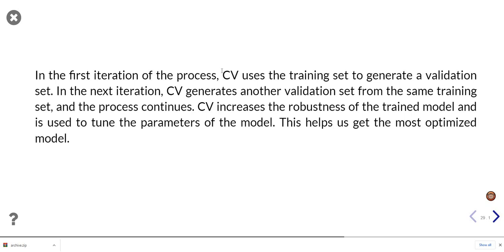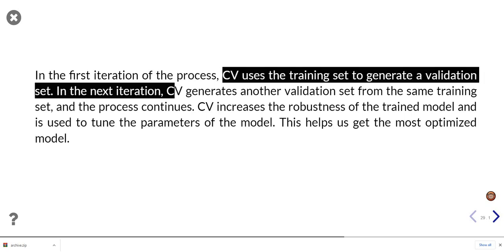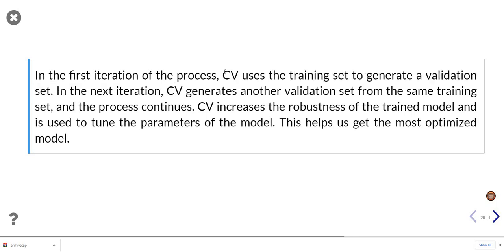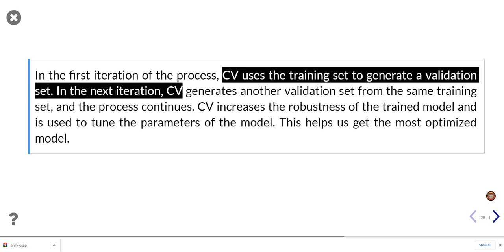You don't have to know all this in great detail. For cross-validation, you just need to know what it is and why it is important. It uses the training set to generate a validation set.